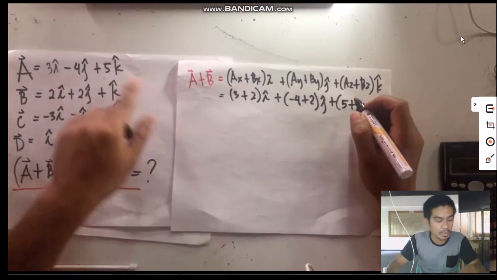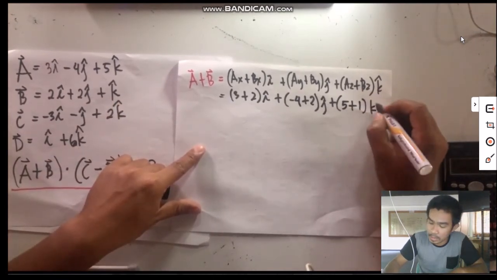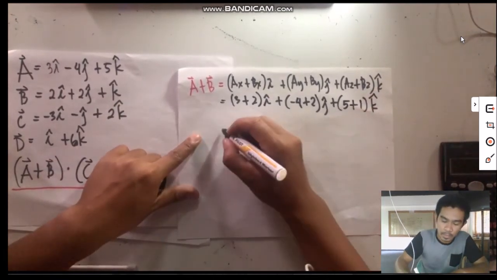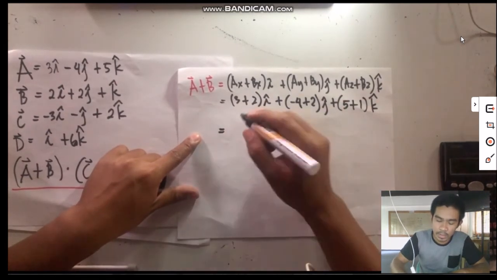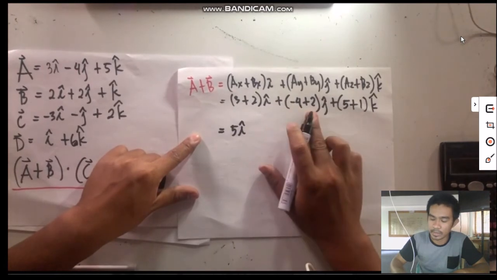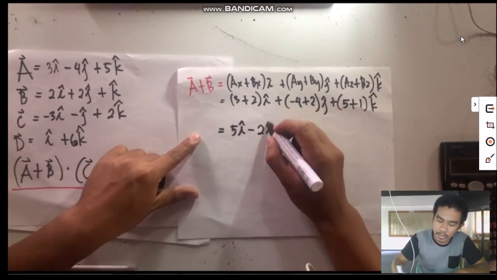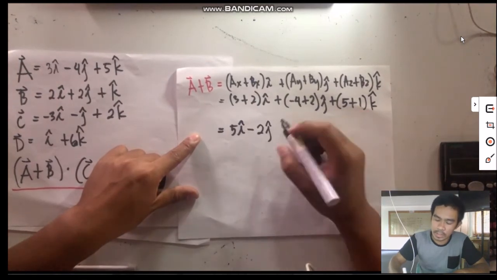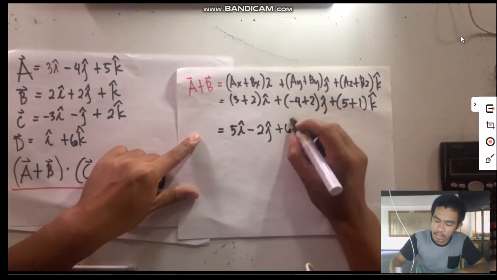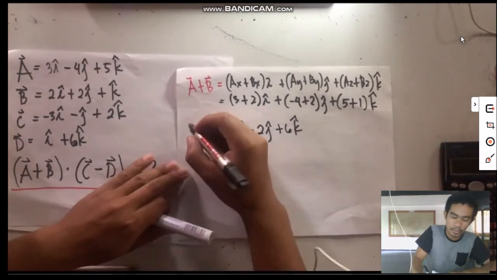Plus BZ. BZ is 1 times K hat. So what is 3 plus 2? That's 5 I hat. What is negative 4 plus 2? That's negative 2, so minus 2 J hat. What is 5 plus 1? That is 6, so plus 6 K hat. So that is vector A plus vector B.